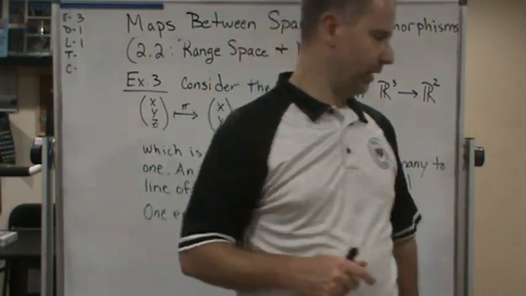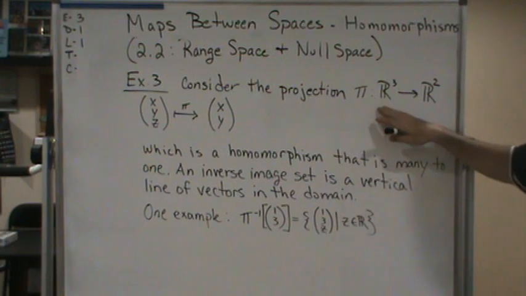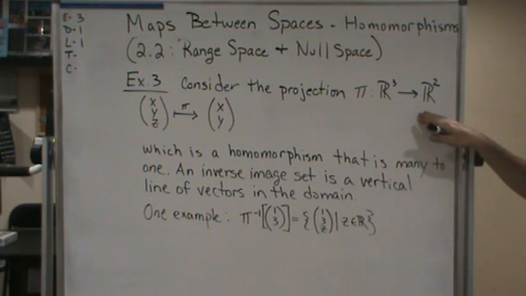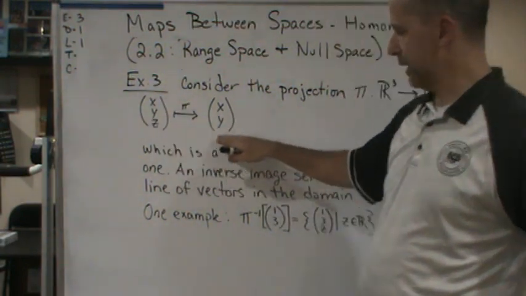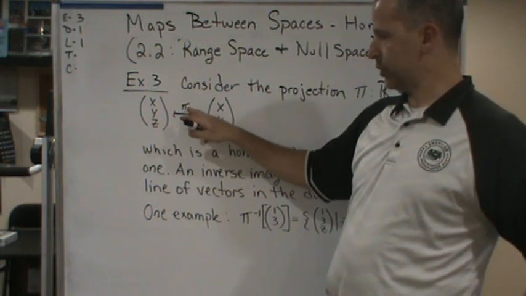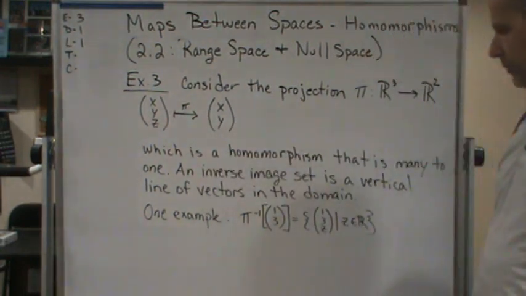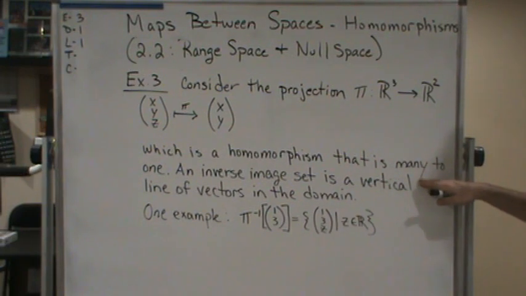In fact, in this example, example 3, let's consider the projection pi from R3 to R2. So here we're going from a space down to a plane. So this is our projection pi. Now this is a homomorphism that is a many-to-one relationship.